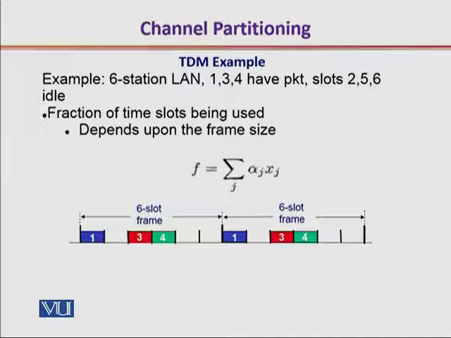But if the frames are only a fraction of the total time slot, it is going to determine the overall utilization of the TDM system. That is given by F = Σ αj × xj over all j, where α is the weight for the particular user which is active and x is the occupancy of the frame in that time slot.